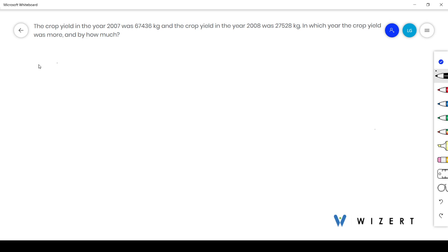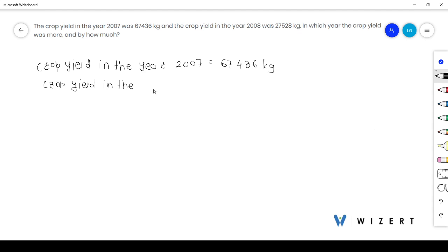Here we have given crop yield in the year 2007 is 67,436 kilogram and crop yield in the year 2008 was 27,528 kilogram.